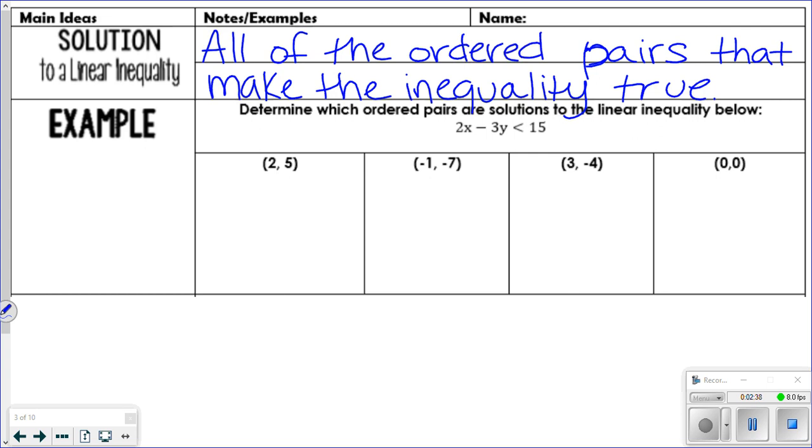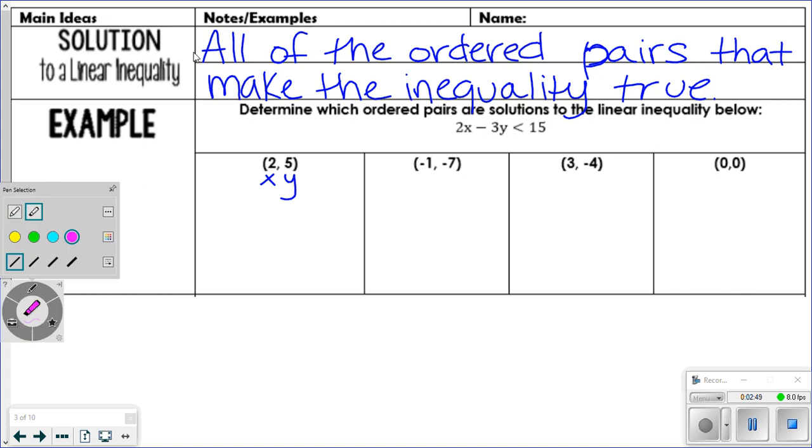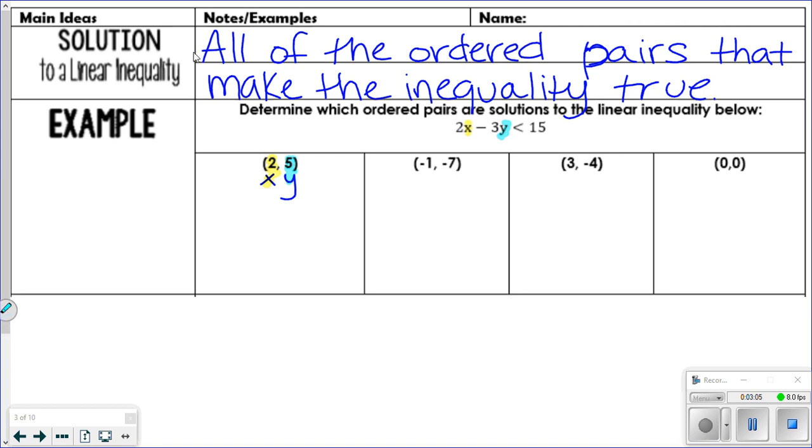So we need to determine which ordered pairs are solutions to the linear inequality below. So if this is my x and this is my y, I'm going to take this x value and substitute it in, and take this y value and also substitute it in. So what that means is we're going to see if this is a true statement or a false statement. If we plug it in and it's true, it means it's a solution and it's in our shaded region. If it's false, it's not a solution and it's outside of our shaded region.